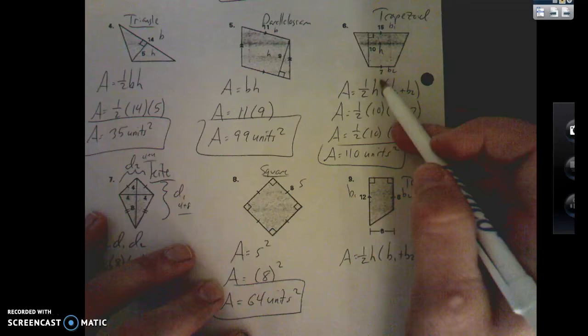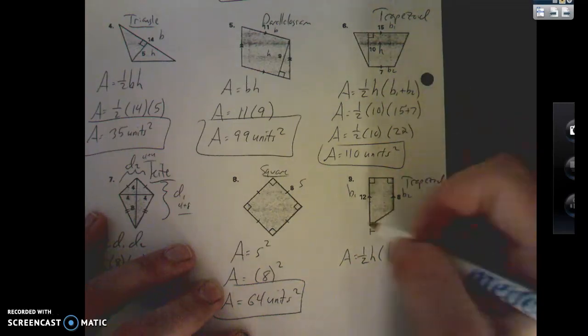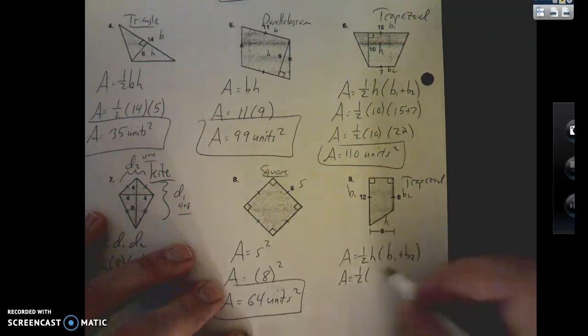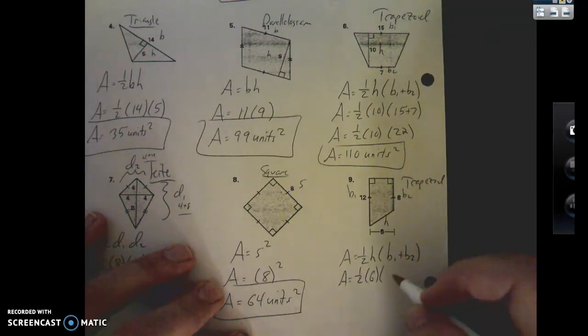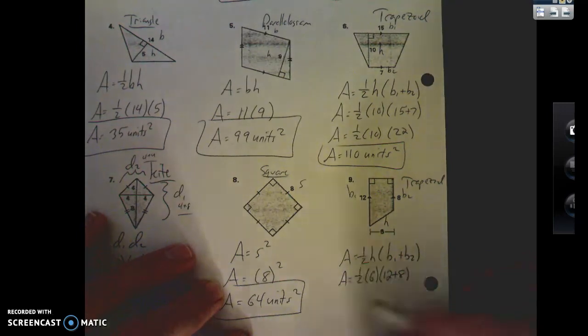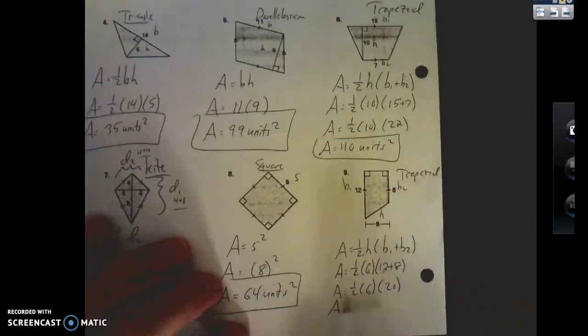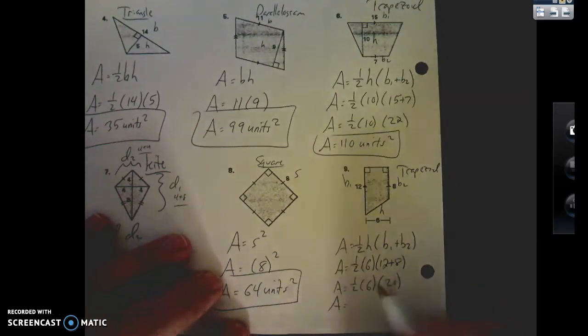Alright, how did I do that? Well, I just looked off my previous problem. The distance between them is my height. So my height is 6. My B1 and B2 are 12 plus 8. Add them together. 1/2, 6 times 20. Half of 20 is 10. 10 times 6 is 60.